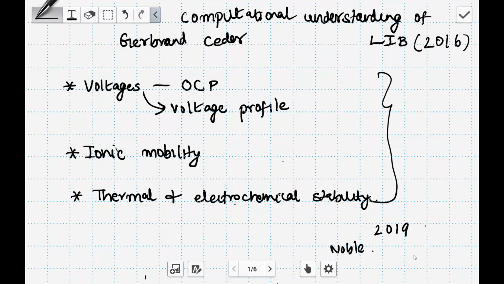But what I want you to understand, for example, is there is something called the cluster expansion method for computing voltages and voltage profile. That is one part of the project. That's an application of quantum statistical mechanics to compute voltages and voltage profile. So that's a good package.